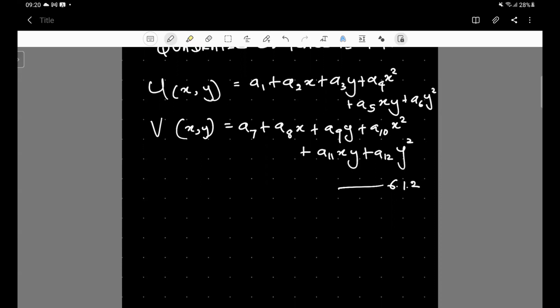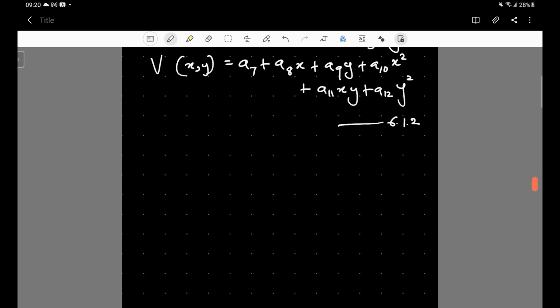Just to recap, before we move on to the derivation of the stiffness matrix for an LST element, let's recollect the Pascal triangle.